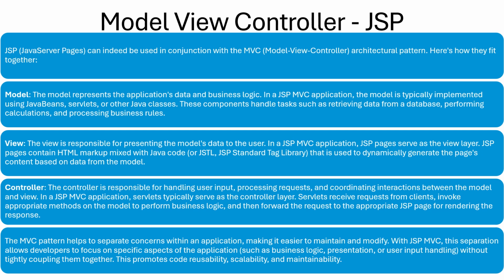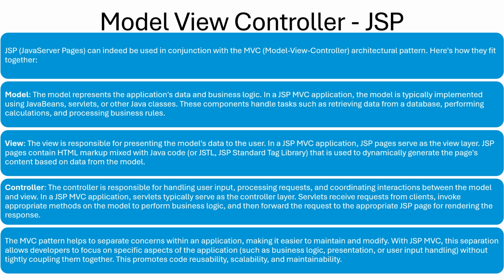In a JSP MVC application, the model is typically implemented using Java beans, servlets, or other Java classes. These components handle tasks such as retrieving data from a database, which I showed in the other video, performing calculations, and processing business rules.